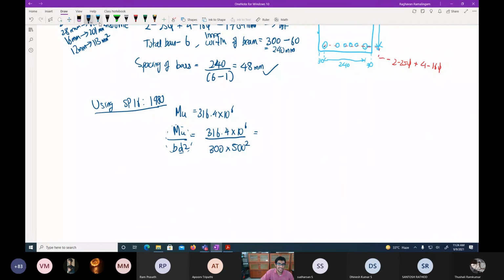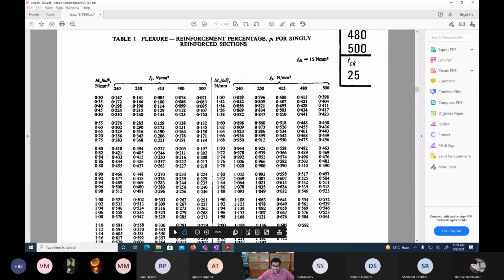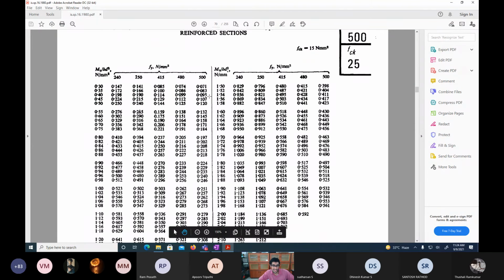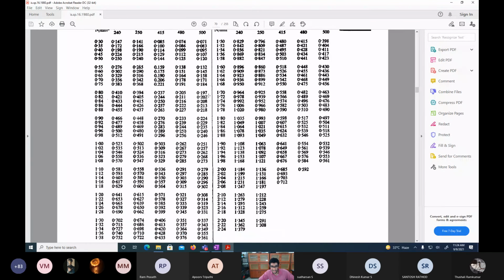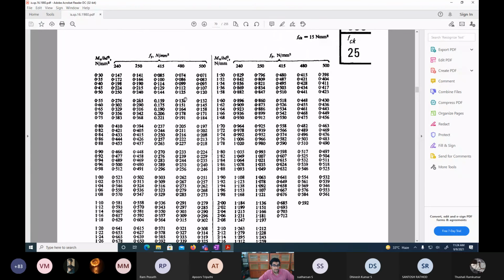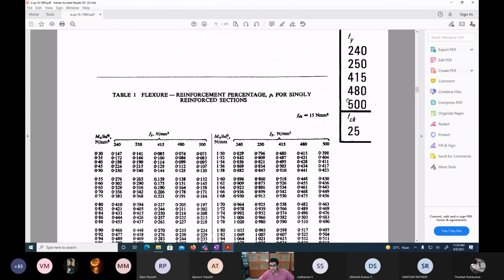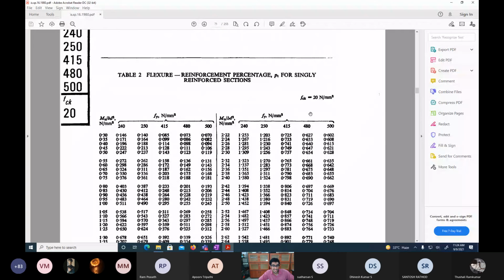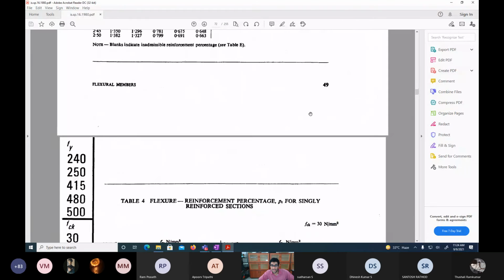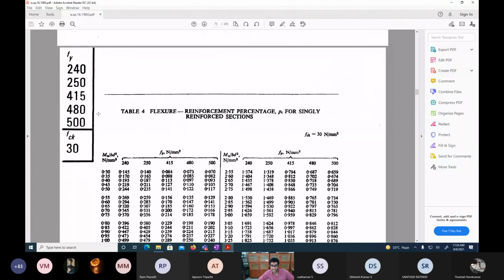Let me see. 4.22. Okay. I think we should have assumed a bigger depth. 4.22 for 500, I'm not sure I will have that in the table. This is fck 25. We don't have it for fck 25. Here it is fck 30.